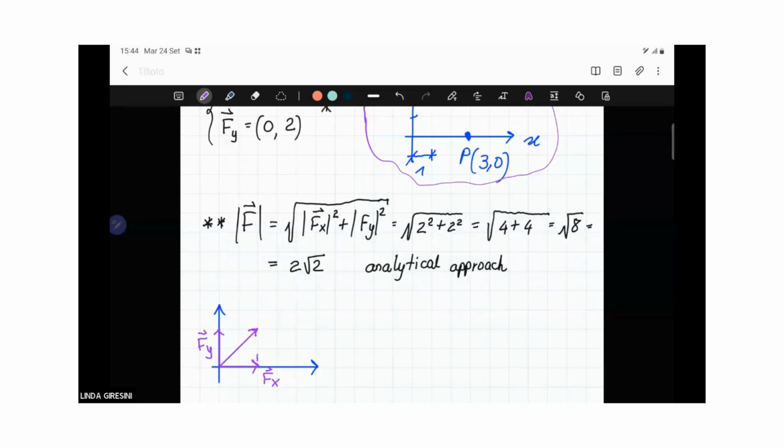Because if you look, this is a square of edge equal to 2. So the magnitude of the force is the diagonal of the square. And as you know, the diagonal of the square is nothing else than square root of 2 times what?